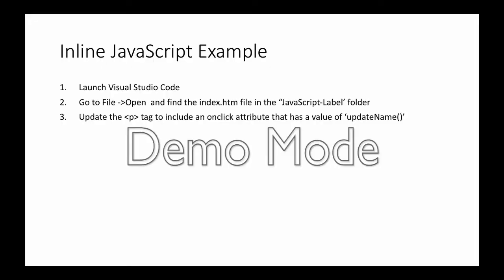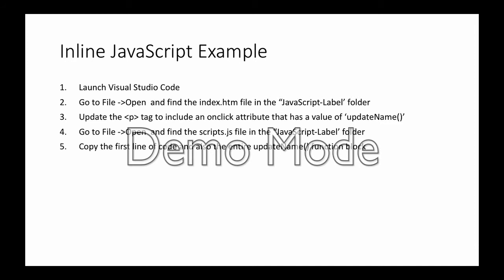Okay, now that's done. Next thing to do is to open up our script.js file, and then we will copy the first line of code and also the entire update name function block from that file. Once we've copied the code, we will paste all that code into our index.html file, and we will place that code within script tags.